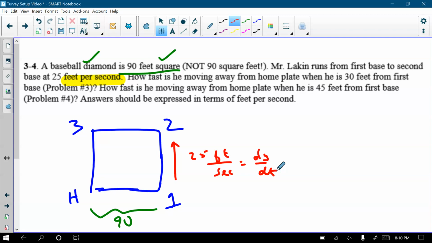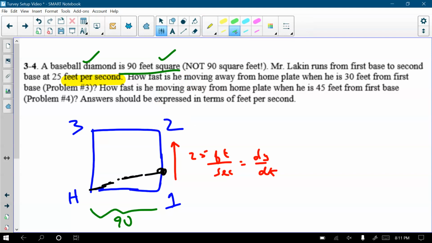How fast is Mr. Lakin moving away from home plate when he is 30 feet from first base? Okay, so 30 feet from first base means I'm right here, and from home, I'm right here. So from the catcher, that's where I am right now. But I'm changing, though. So there are a couple of things changing in this picture. If you're not sure what I'm talking about, let me draw this for you.